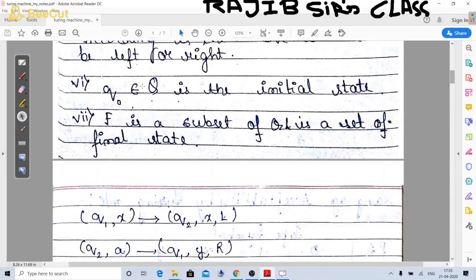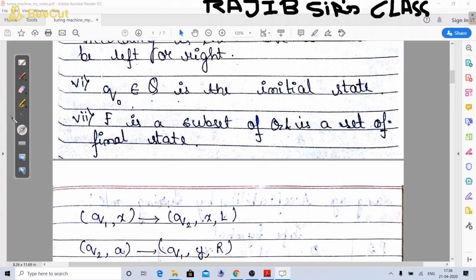Now your Q0 is definitely the initial state and belongs to the capital set Q, and F is a subset of Q, which is a set of final states. Clear?